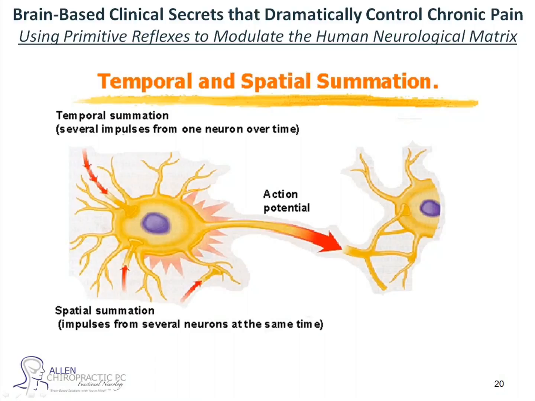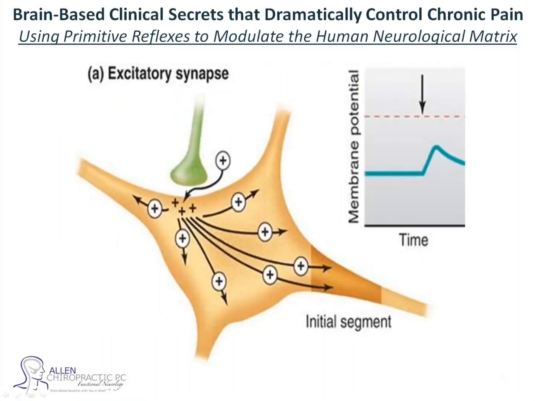The temporal summation comes from several impulses from one neuron over time, and the spatial summation is impulses from several neurons over time. That causes the nerve cell body to ultimately produce an action potential at the hillock of the neuron, and off goes the action potential to its destination.